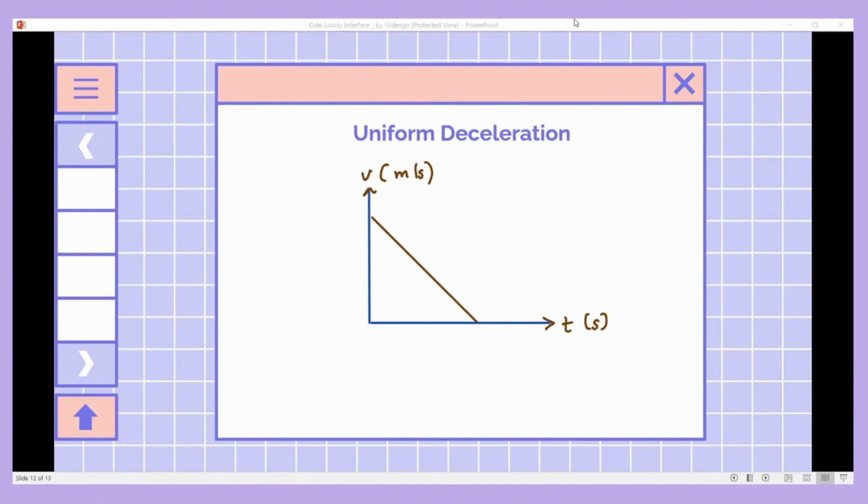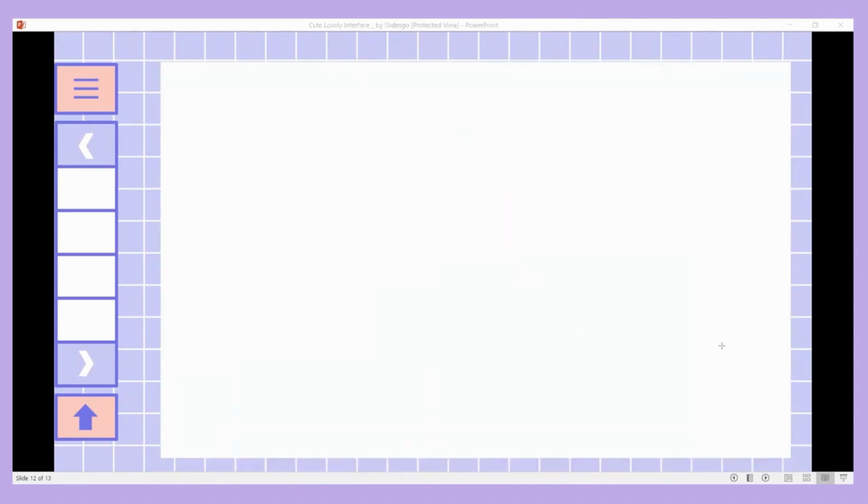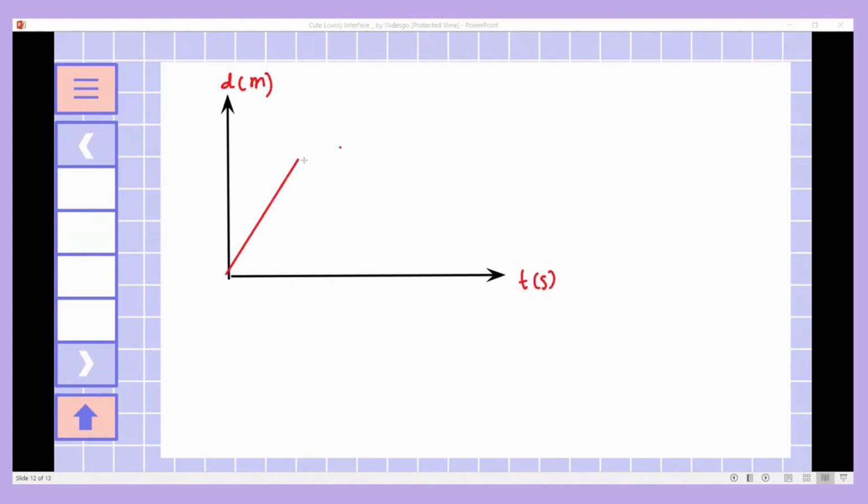Now, let's get the VT graph and DT graph summarized. First, if the DT graph is this, this is the DT graph that we are having, where we are having an object moving like this, and then this, and then this.